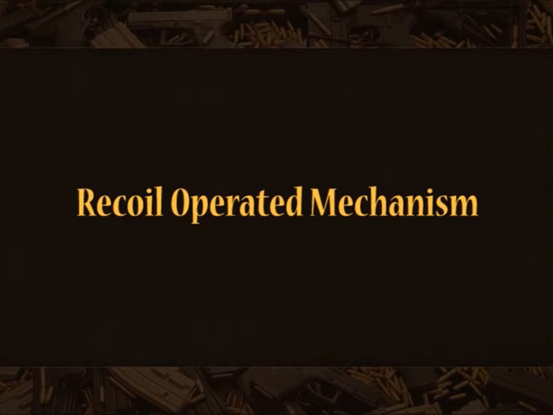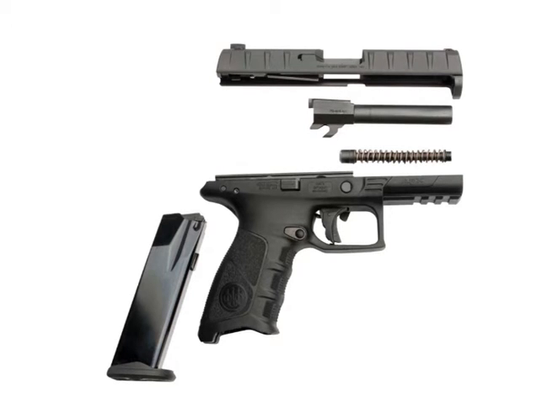Coming to the second mechanism, that is the recoil operated mechanism. Now, the recoil operated action is mainly used in pistols. Here, the bolt and the barrel are firmly locked together at the instant of firing. When a firearm having this action is fired, there is a high pressure inside the cartridge case. The barrel and bolt both move backwards.